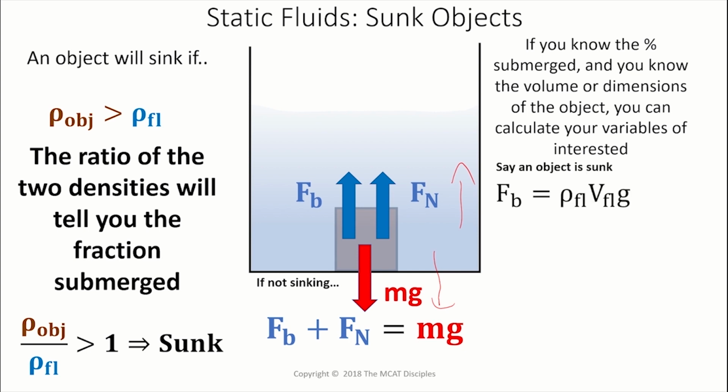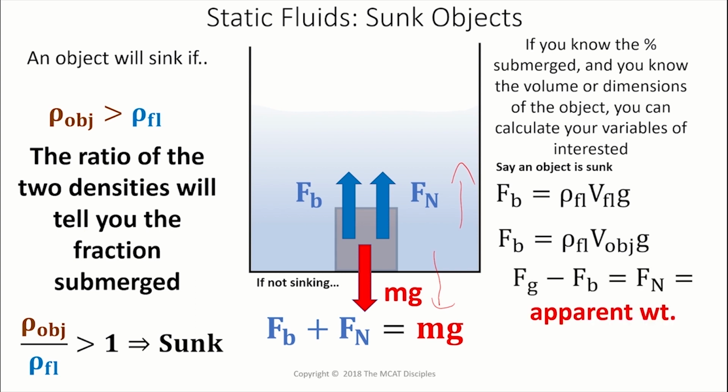So if an object is sunk, you say force buoyant is equal to rho fluid v fluid times g, and since the volume displaced is equal to the volume of the object that displaced the fluid, in this case, because the object is fully submerged, we can say this. And we can also say that the force of gravity minus the buoyant force is equal to the normal force, which is equal to the apparent weight. So what does that mean?